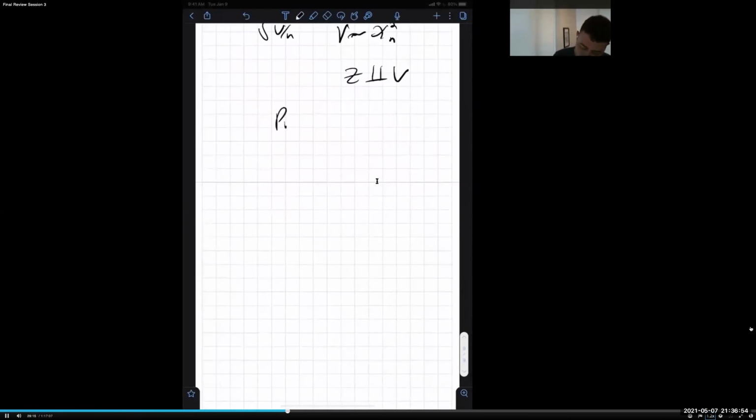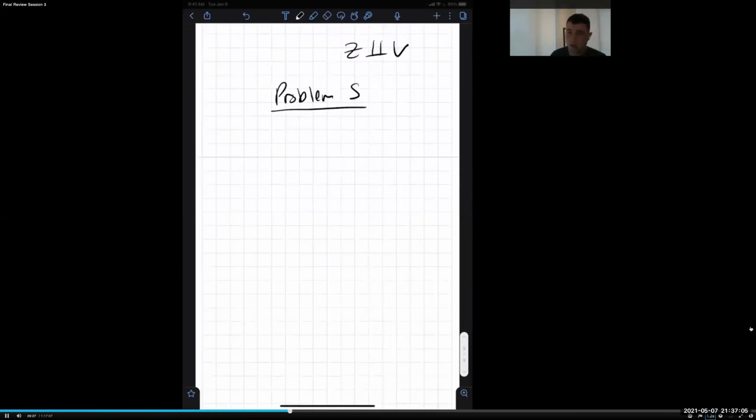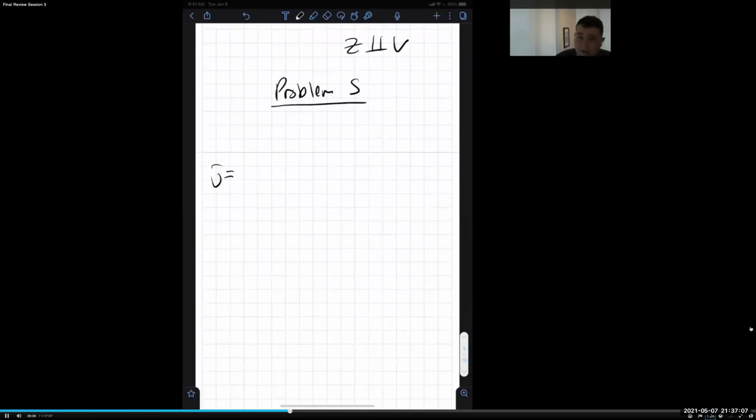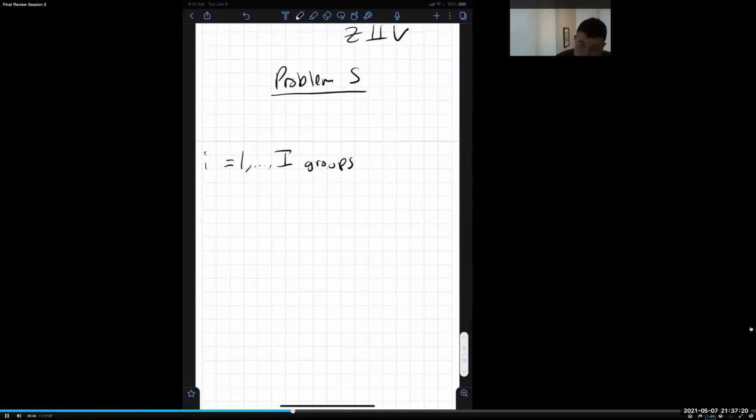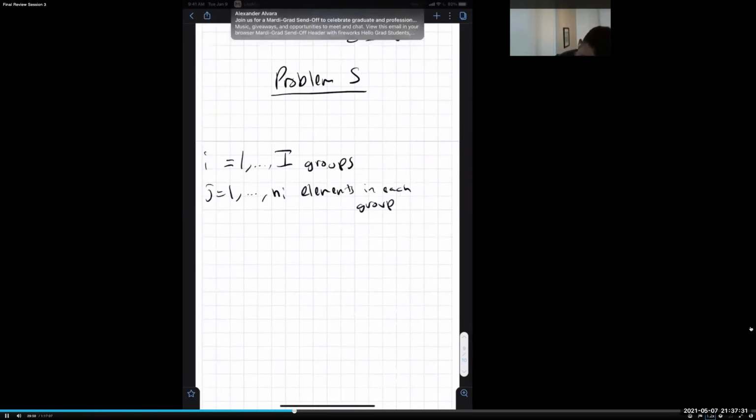So this is problem 5. What we have here is, I'm essentially going to restate the entire problem: i equals 1 to I groups, and then j equals 1 to n_i elements in each group, so observations in each group.